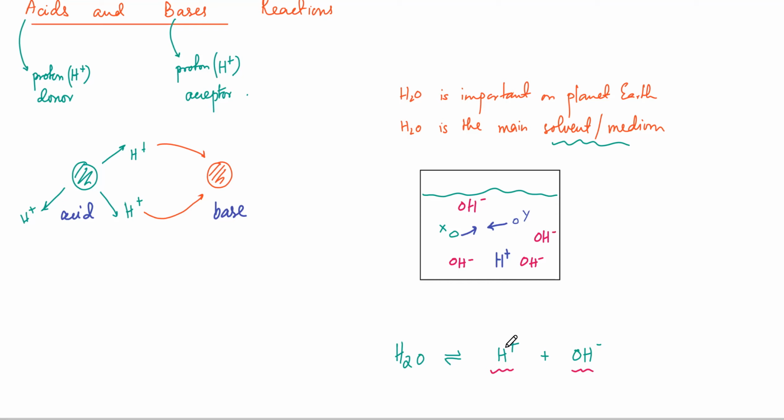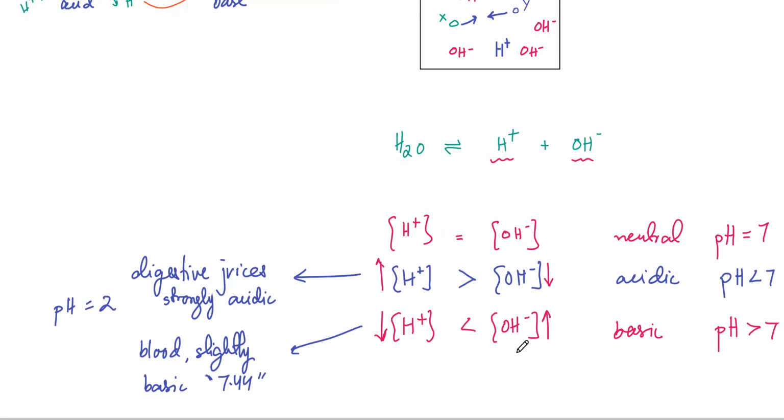Now water has two ions. Some of the water molecules break down and produce H+1 and OH-1 ions. And they produce an equal quantity. But what happens is, if you add an acid molecule to it, then the quantity of H+1 increases and the quantity of OH ions decreases.